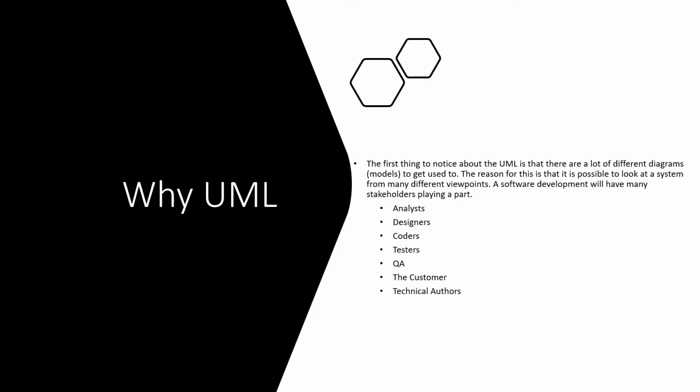A system has different aspects, different perspectives to view it, and there are many stakeholders such as analysts, designers, coders, testers, QA, even customers. So they have to view the system from their own perspective, and that's why a system is modeled in different ways so that it will be easy for every stakeholder to play a part in the software development.